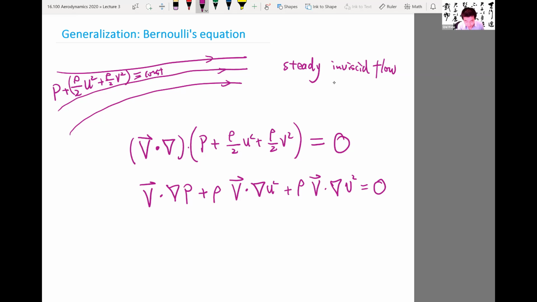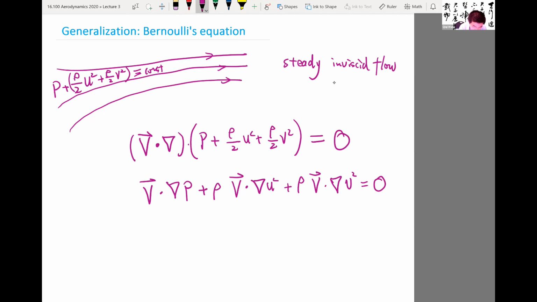It's a little bit hard to see this in general, so let's rotate the frame of reference to a single point where the x direction is aligned with the flow.